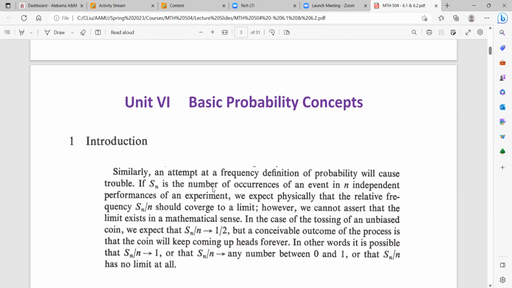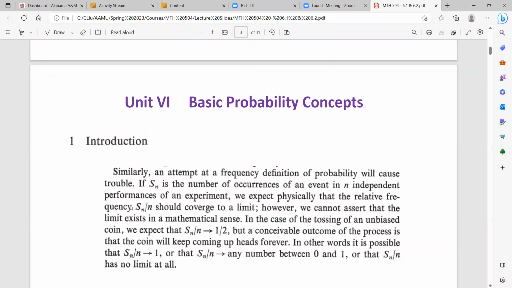Let's say S sub n is the number of occurrences of an event in n independent performances of the experiment. The relative frequency is just the ratio S sub n over n. S sub n is the outcome you want, and n is the total number of outcomes. When n is sufficiently large, S sub n will be large too. So you take the limit of this ratio and it should converge to a limit.